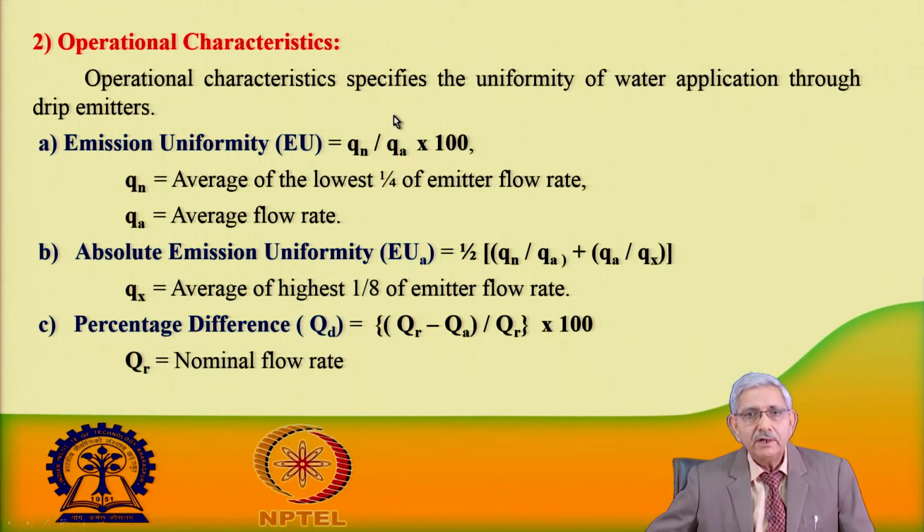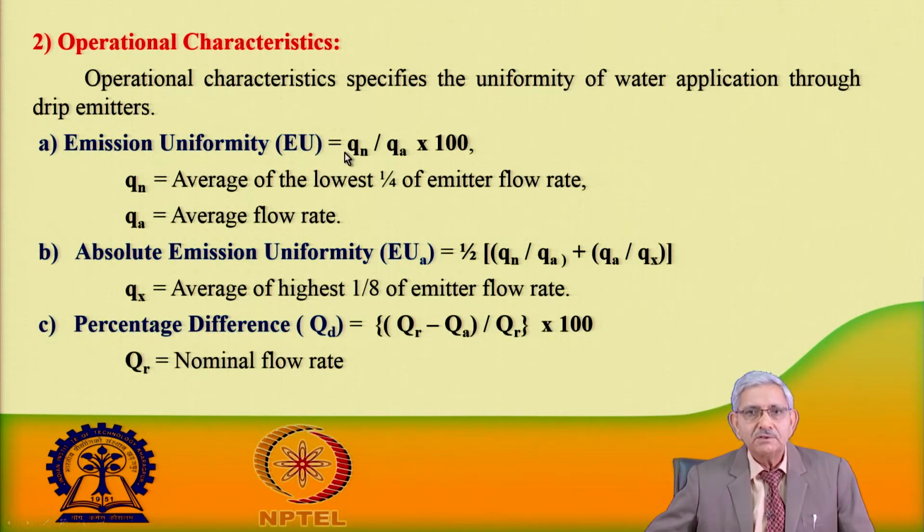Let us say that we have got 24 drippers. For 1/4, all 24 data will be arranged in either descending or ascending order of magnitude. If it is a descending order, the last 6 dripper discharges, which is 1/4 of the drippers and the lower order, will be used for calculating the emission uniformity.